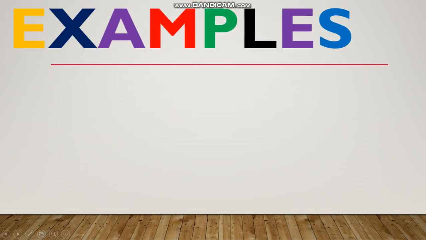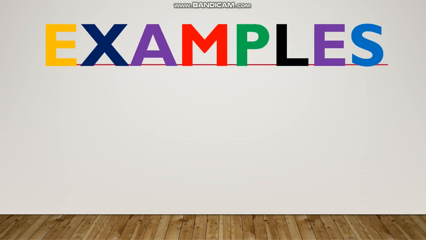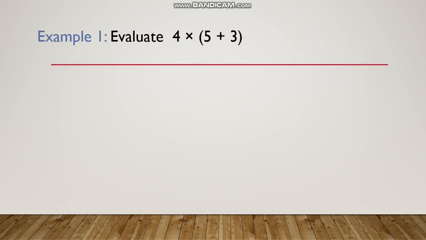Now let's take examples of how we can do the order of operations by BIDMAS or BODMAS. Example number 1: evaluate 4 times (5 plus 3).